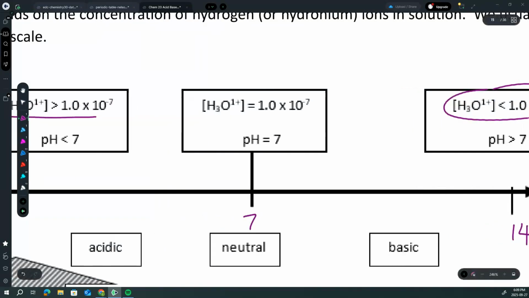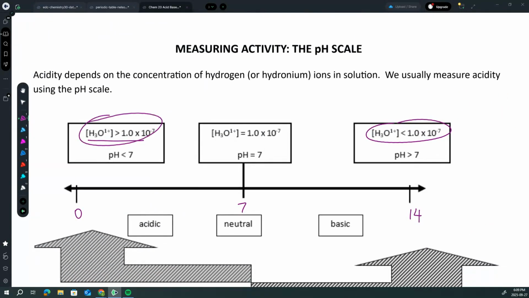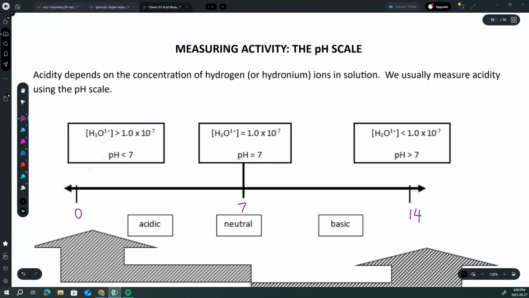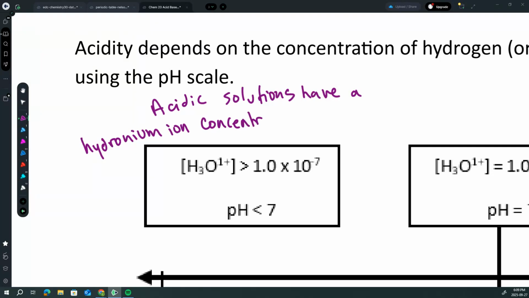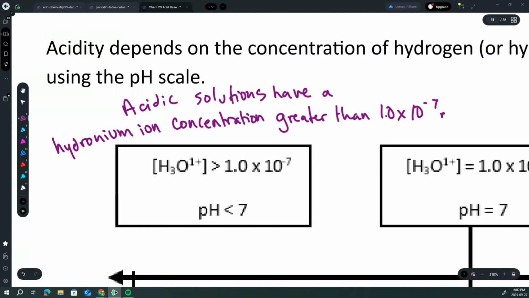That's what these pieces right here are meaning, and that will be in moles per liter. What I wrote out here is just what this part's saying.